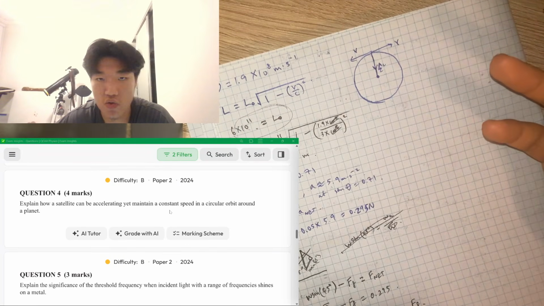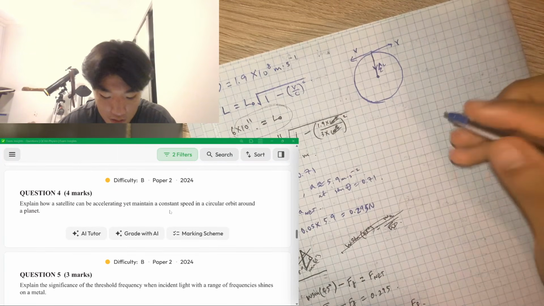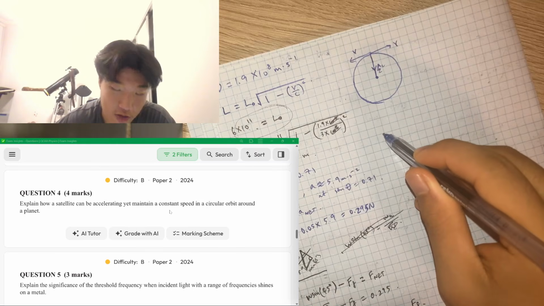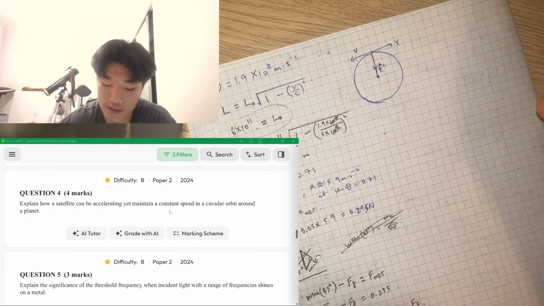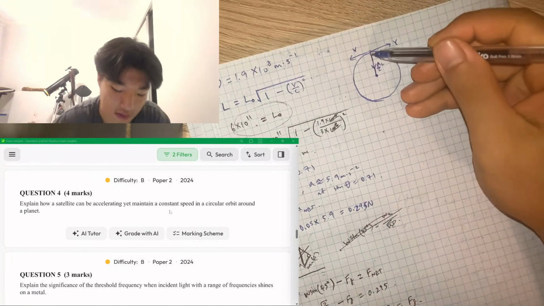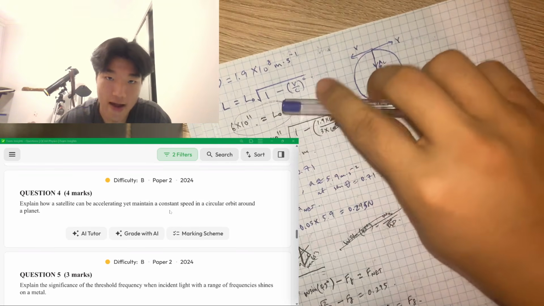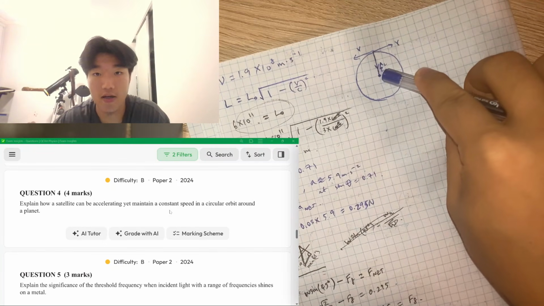We usually assume in our projectile motion questions that air resistance is negligible or non-existent. However, there's acceleration due to gravity that acts downwards, but that doesn't affect the horizontal velocity in any way. Same thing with this. This is acting perpendicular, so it doesn't contribute to how quickly it goes in this direction. All it's doing is changing the direction.